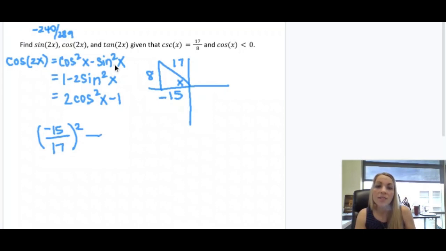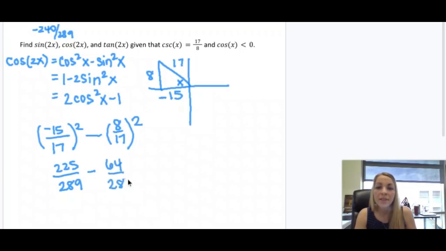minus, I also need the sine of the angle, 8 over 17, opposite over hypotenuse. I'm going to square that. So when I do that, negative 15 squared is 225, and 17 squared is 289. 8 squared is 64, and 17 squared is 289.